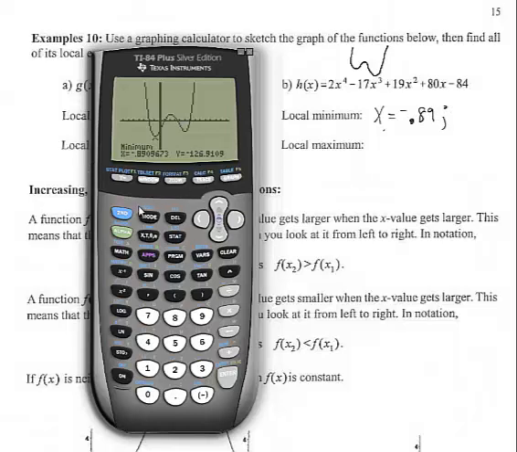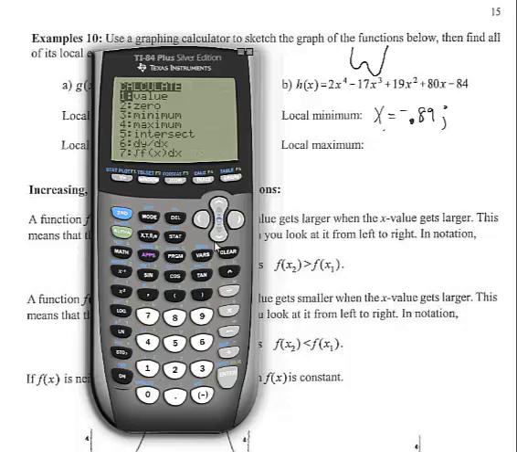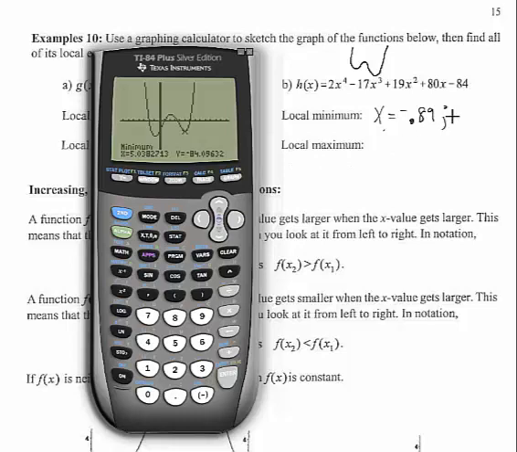Okay, now I'll find my second one. Enter a third time. Gives me my coordinates, and I have an x equals 5.04 if I round to the nearest hundredth.